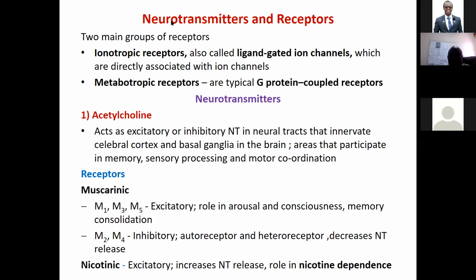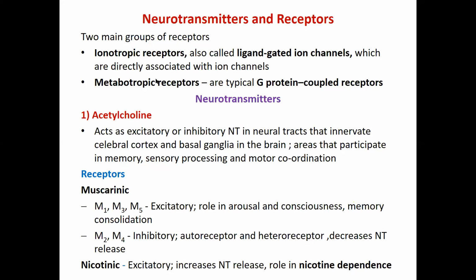Maybe Prof, I can try. Go on. So ionotropic receptors, as you've said, are ligand-gated ion channels. When the neurotransmitter is attached to the receptor, it leads to the direct opening of the ion channels.